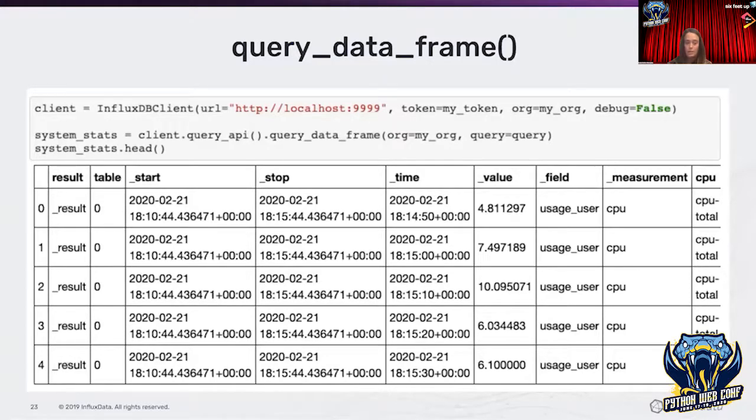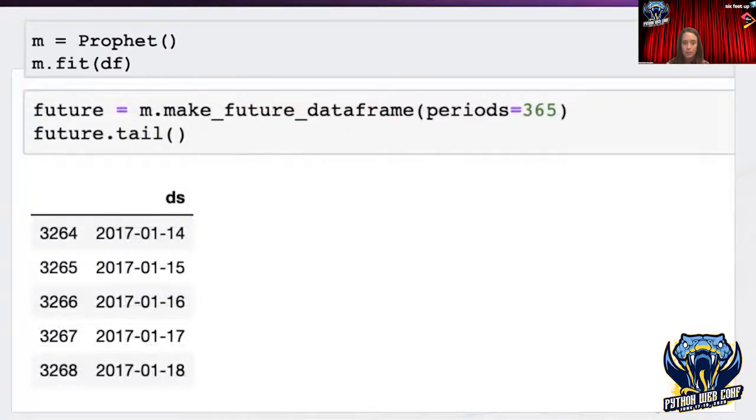And I can store the output of that into a variable called system stats. And then I can use .head, which is from pandas, to view the first 5 rows of my data frame. And we can see there that we have a data frame and that we have 5 rows. So it's pretty convenient.